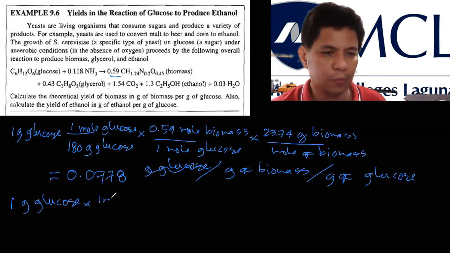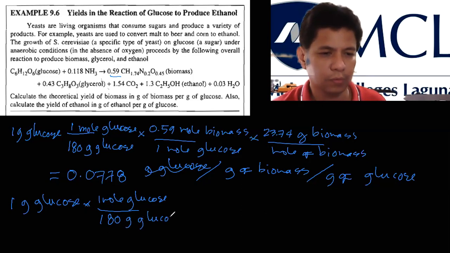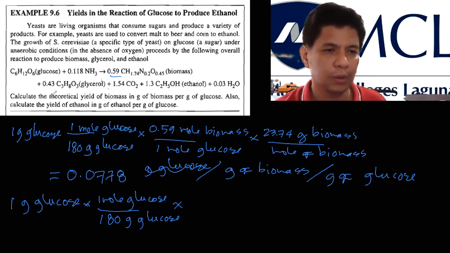For every 1 mole of glucose, we have 180 grams of glucose. For every 1 mole of glucose, you'll be able to produce 1.3 moles of ethanol, so times 1.3.